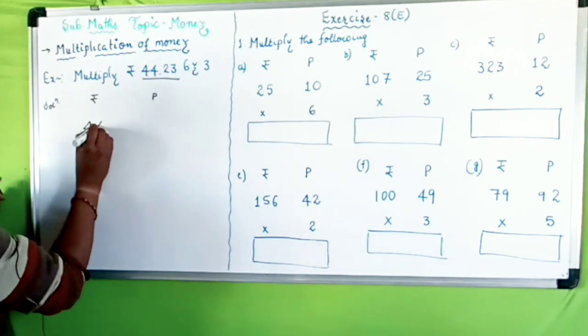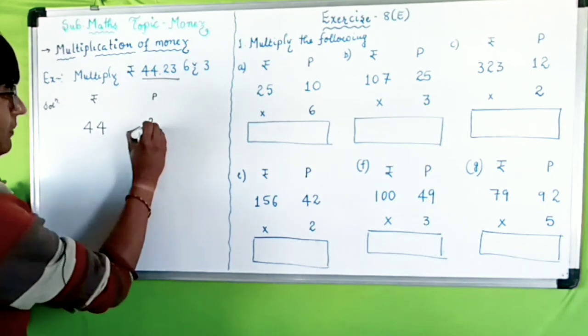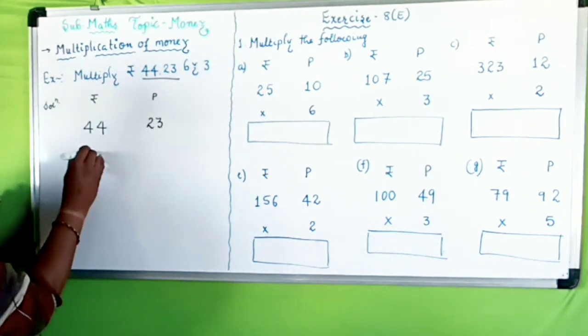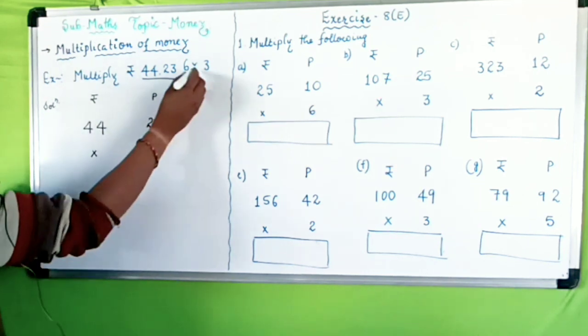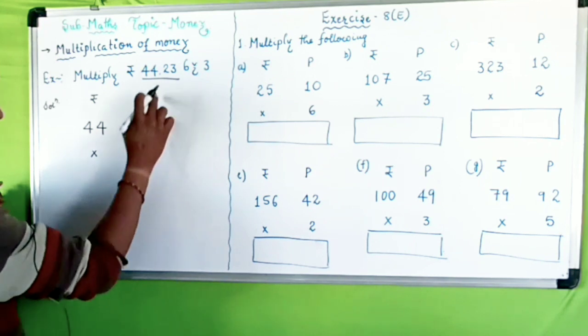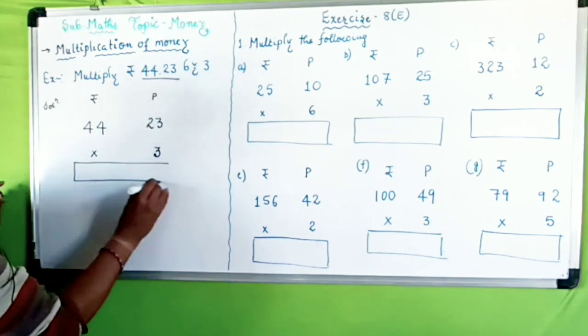Rupees 44 will be in the rupees column and 23 paise in the paise column. Then I put the multiplication symbol and write multiply by 3. You can also do it this way.